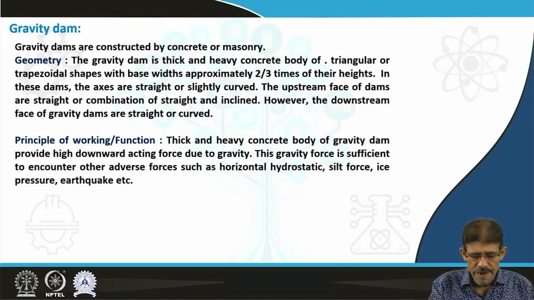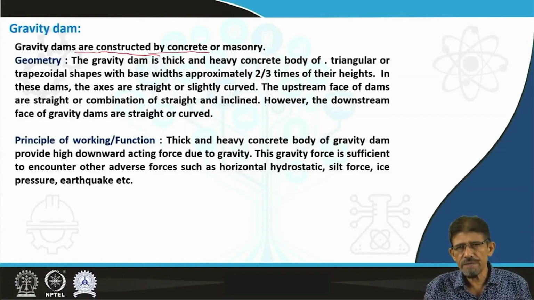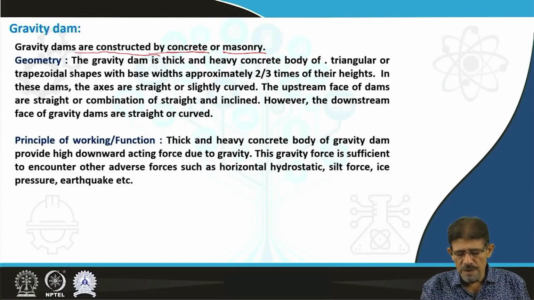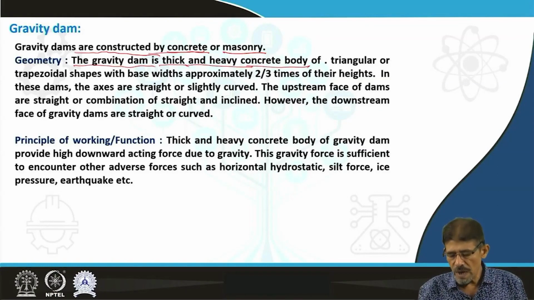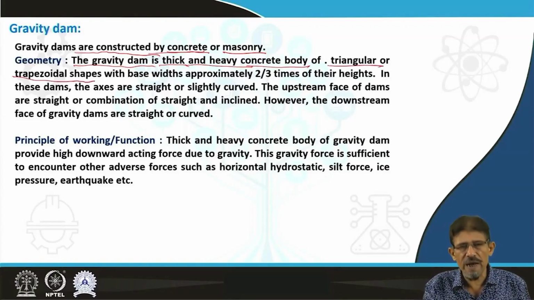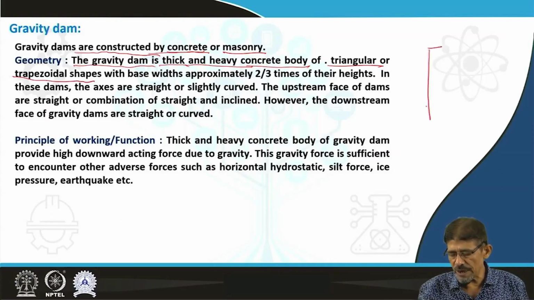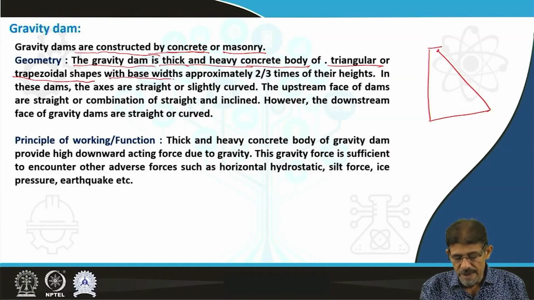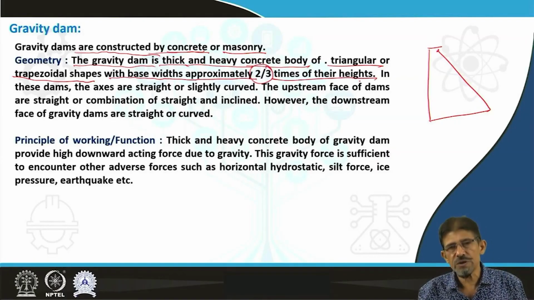These gravity dams are constructed by concrete generally, sometimes masonry also. The use of concrete to construct a gravity dam gives a thick and heavy concrete body, triangular or trapezoidal in shape, with base width approximately 2 by 3 times their height.